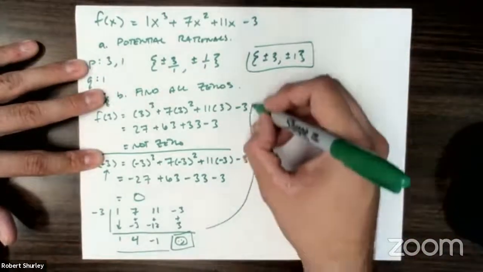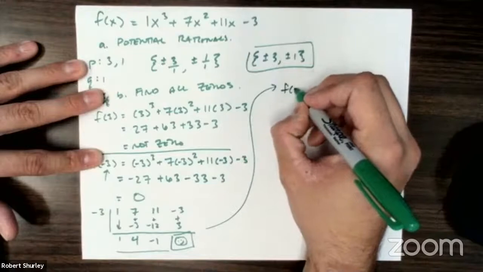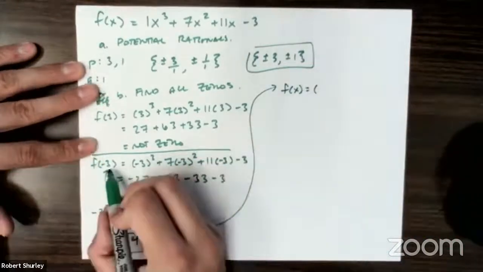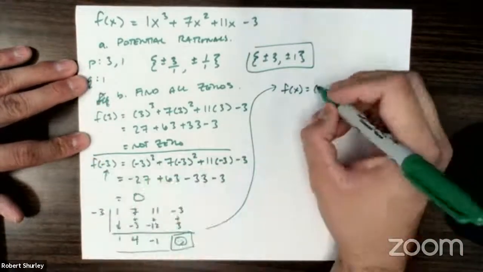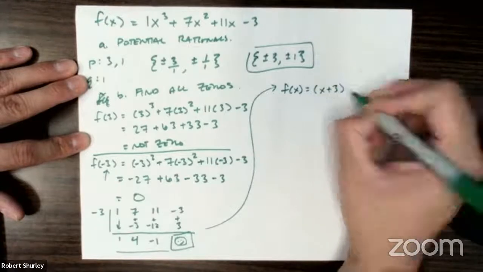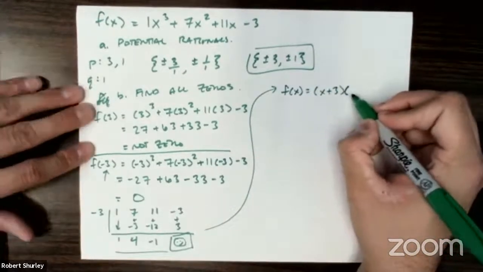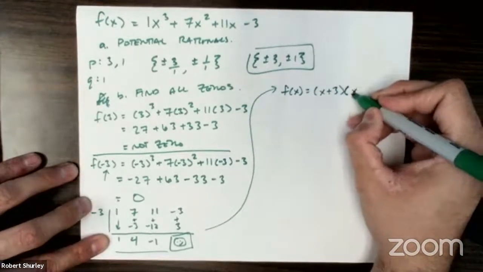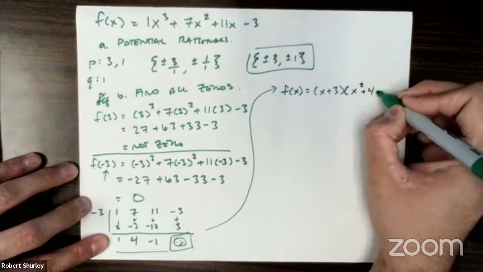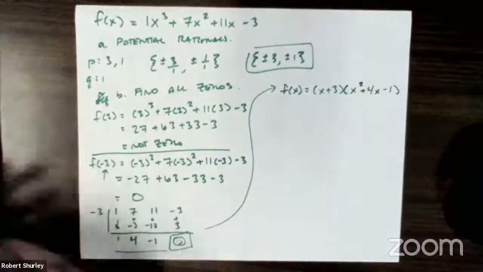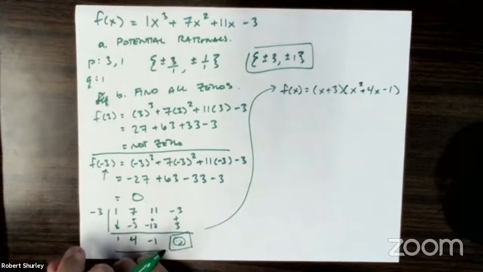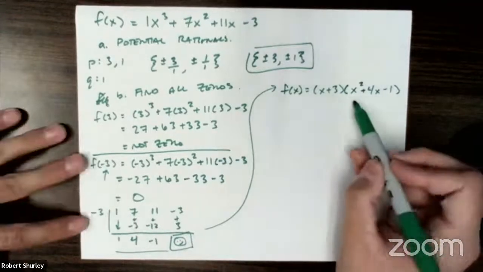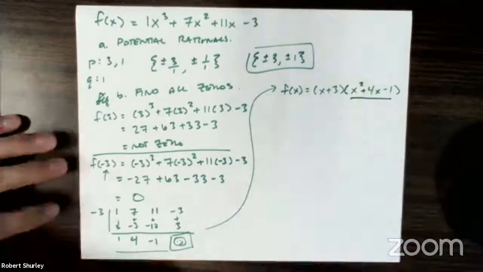So really what we have now is f of x equals, look, -3 was the zero, so x plus 3 is the factor. And then this is our little quadratic, x squared plus 4x minus 1, right? Our last 2 zeros are hidden in this quadratic.